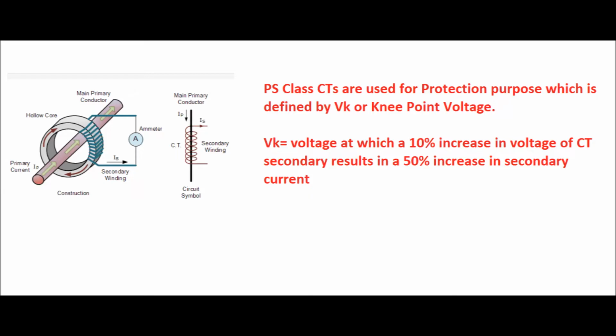Another class of CT is the protection special class. It is defined by the knee point voltage, or VK. It can measure higher ranges of primary current, and nowadays it is widely used for protection purposes.